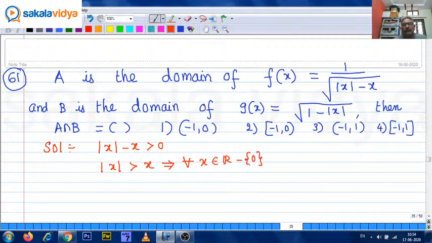Am I correct now? Except 0, R minus 0. Next, the domain A equals, we can write like this: x such that x belongs to the set of real numbers minus 0. This mod x will be x less than 0. How is it correct? x less than 0.